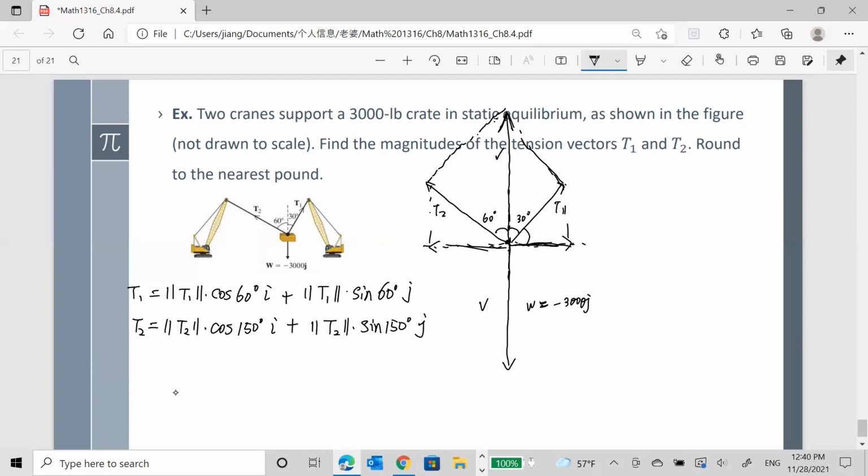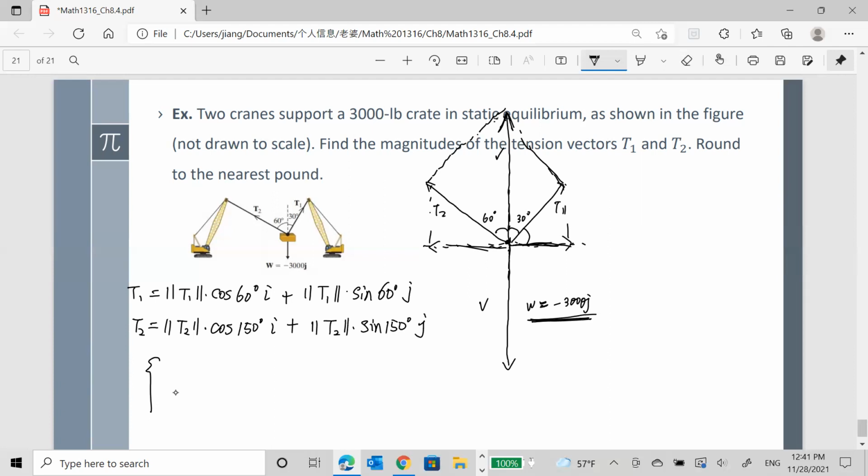And then we have learned on the J direction, the sum must be 3000 J, and then it can balance the negative 3000 J. So we can list two equations. The first equation, we can do the J direction first, because T1 plus T2 balance the J directions, negative 3000.